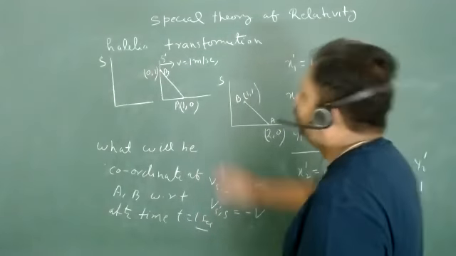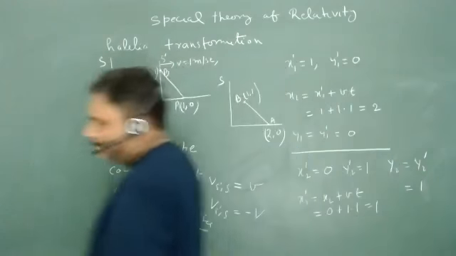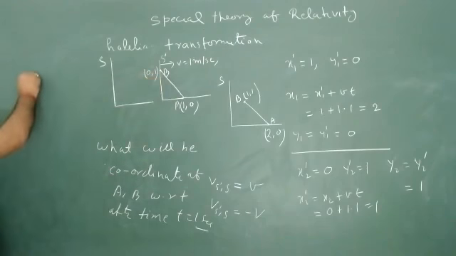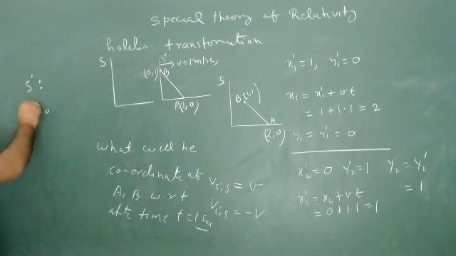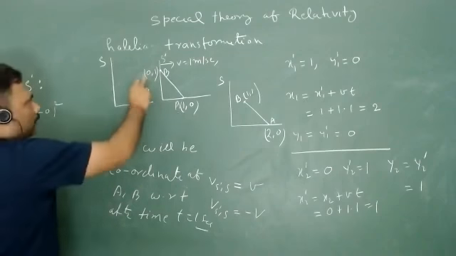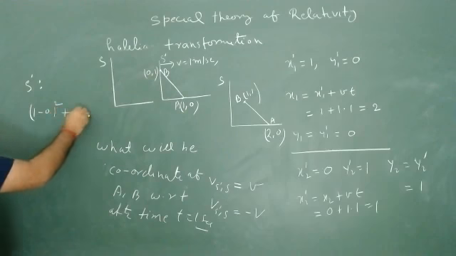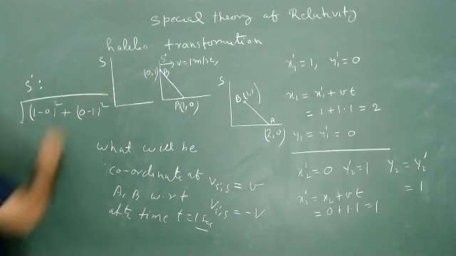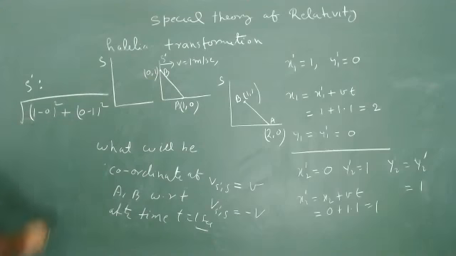Let's see this distance with respect to S dash. We can use the distance formula: 1 minus 0 whole square plus 0 minus 1 whole square, under root. What will be this value? Root 2.